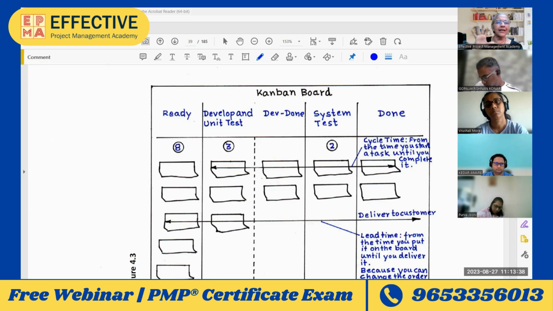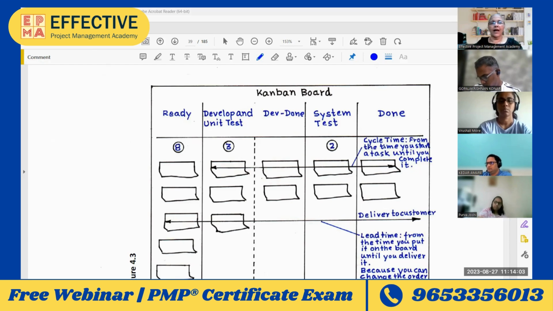Kanban boards are basically, at the purest level, if I may say so, boards on which you post the sticky notes. Then you can have multiple Kanban boards that are related to help you visualize the work.